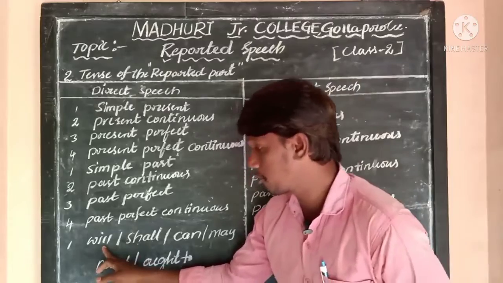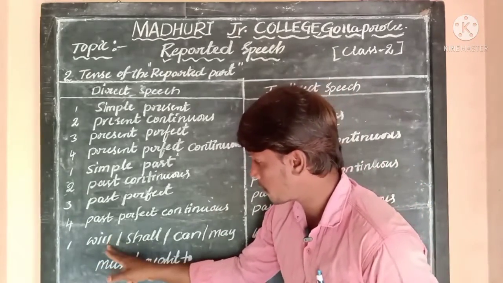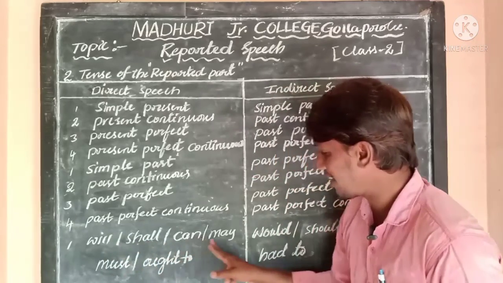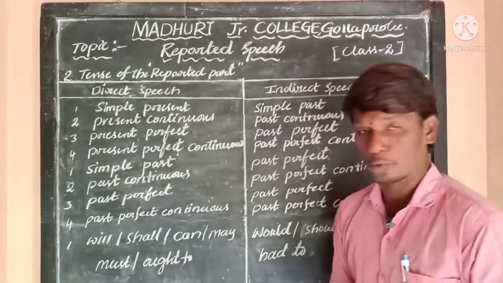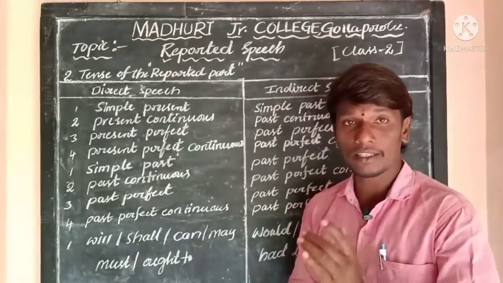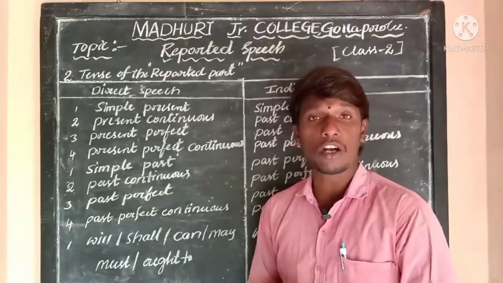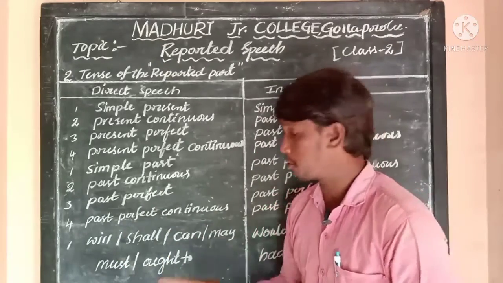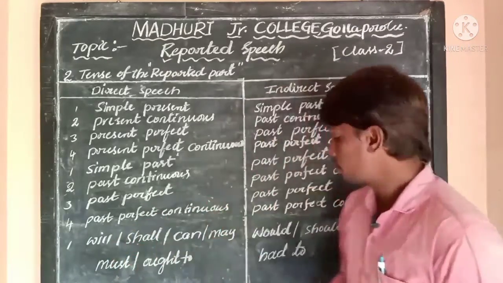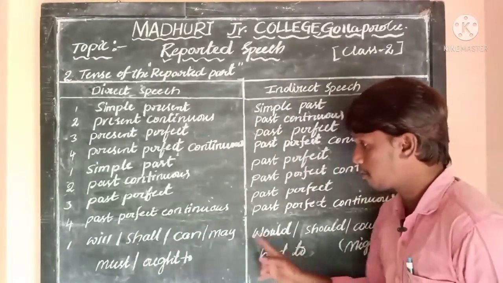If you find modals will, shall, can, may, must, ought to, these are the modal auxiliary verbs. If you find will in the given reported part, this will changes into would.